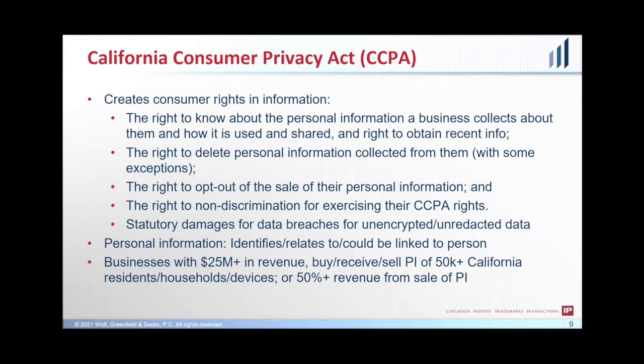The California Consumer Privacy Act, a landmark law in the US, applies to companies that do business with California citizens or households or residents. It introduced a lot of consumer rights that were new for the first time in the US that resonate a lot with what was in the GDPR.